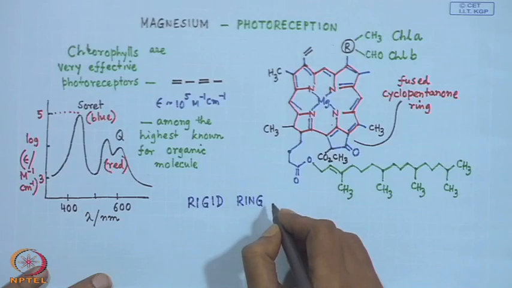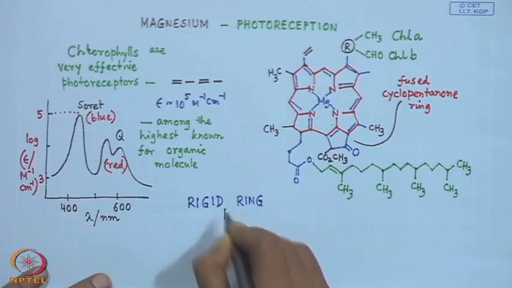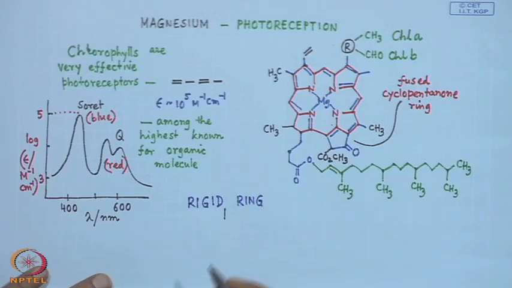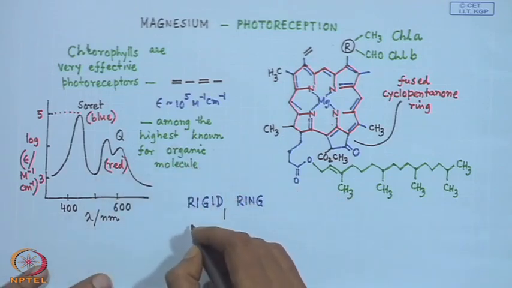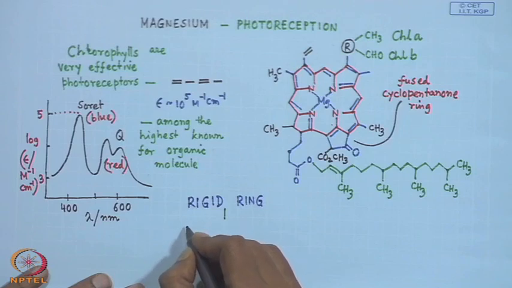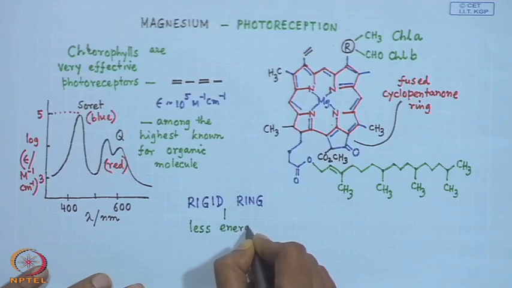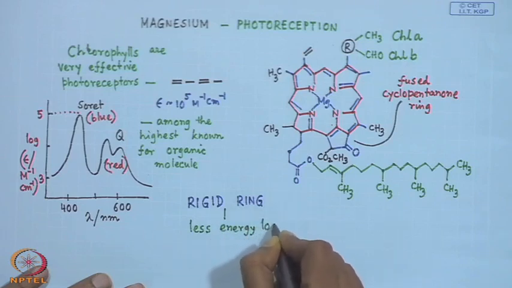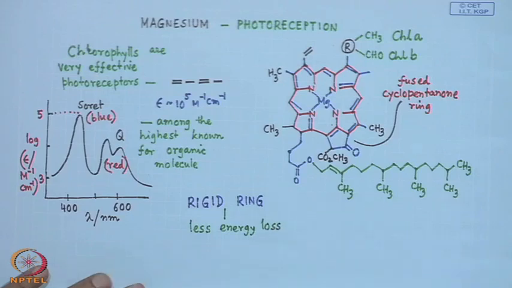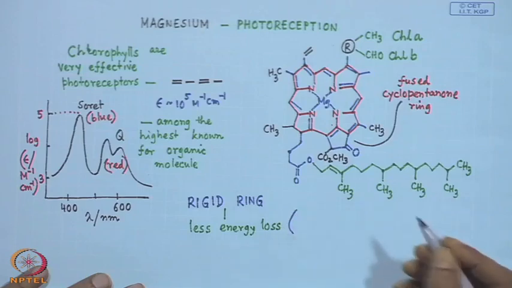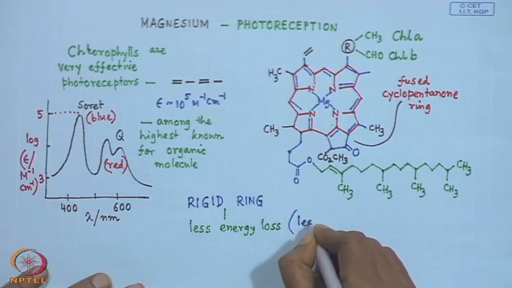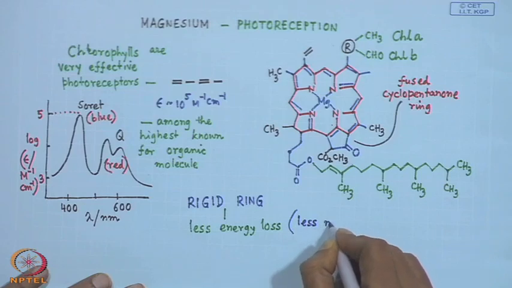So, this rigid ring has also some other important role to play, that whenever it is excited, the excitation is taking place, it can go for less amount of energy loss, because the system is rigid and we expect less molecular vibrations.